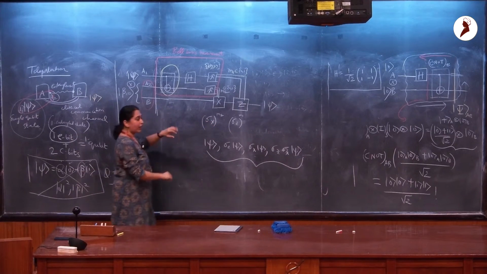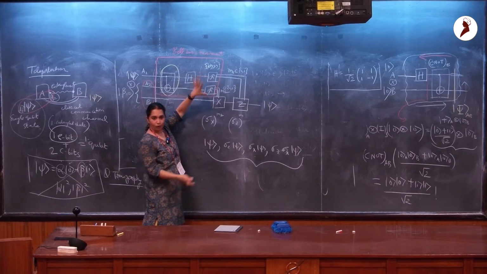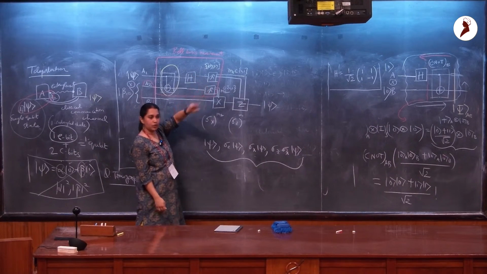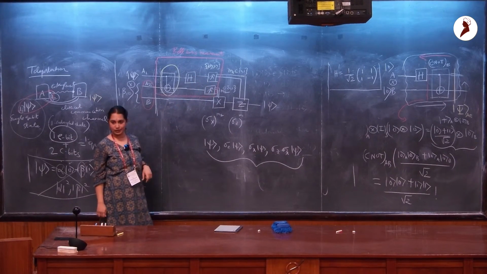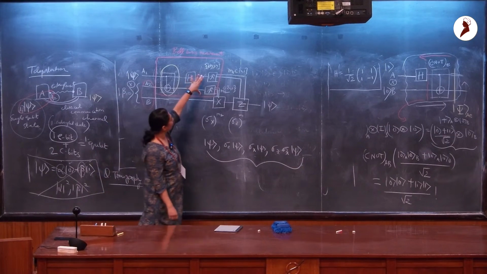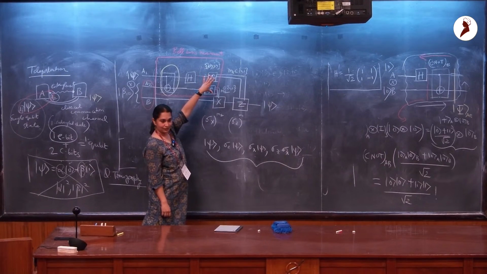Mathematically, it's as if you're doing a partial trace of the first 2 qubits here of the 3 qubit state. And remember, we did this partial trace operation yesterday also. So if you trace out 2 of the 3 qubits, you're going to be left with a single qubit state. That single qubit state will now be in a mixed state, okay? Because you do not know what happened in this measurement process.